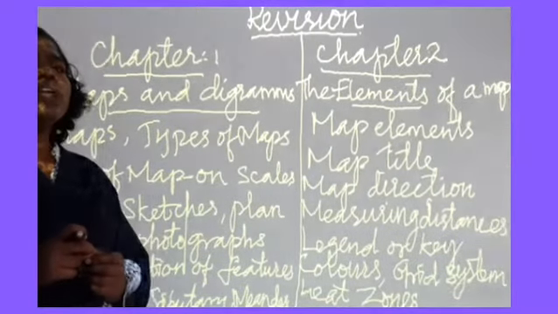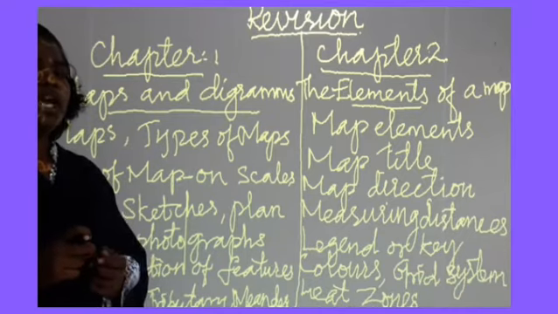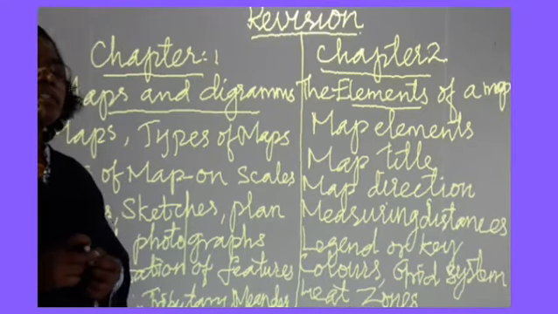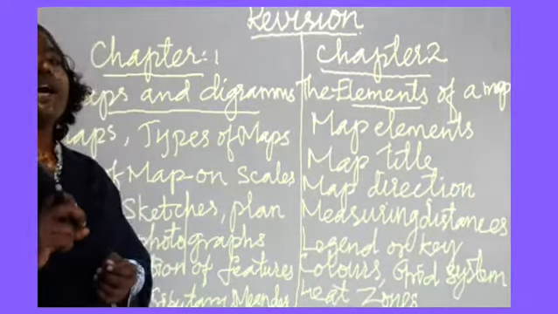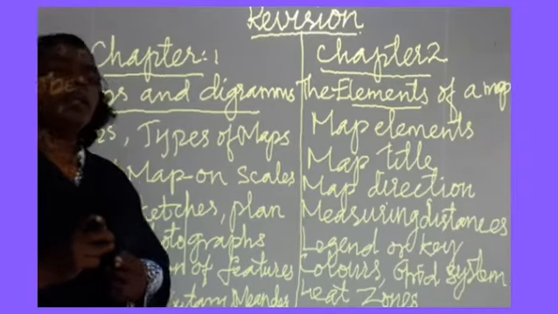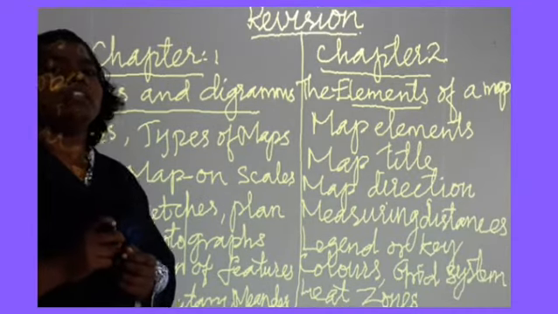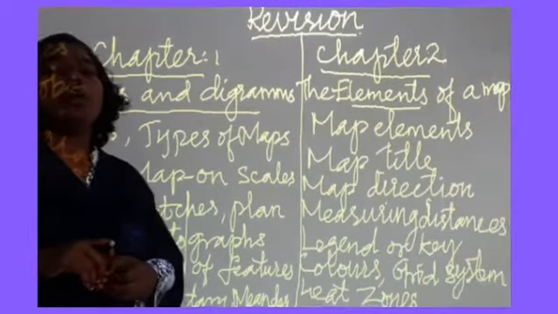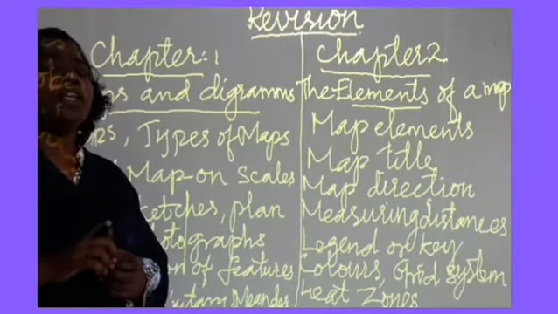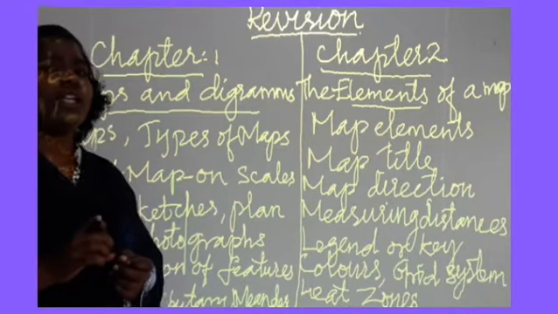Horizontal lines are called latitudes and vertical lines are called longitudes. The biggest latitude is called the equator. It's 0 degree latitude. And the prime longitude is 0 degree longitude, otherwise known as the prime meridian.